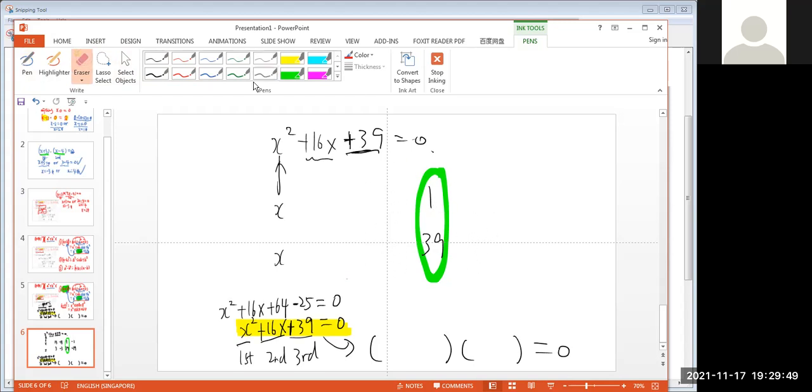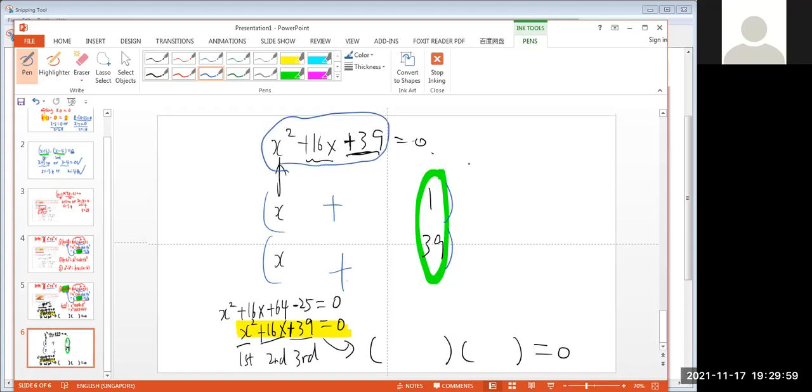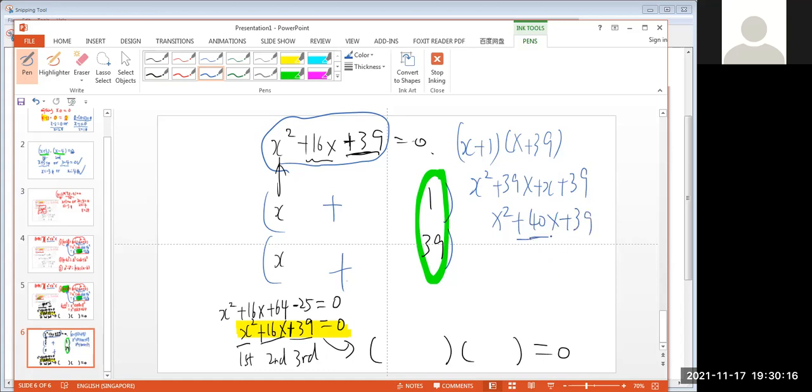If you choose 1 and 39, what you're going to get is this. Does this give you this? Let's see. x plus 1, x plus 39. If you open this up, you're going to get x squared plus 39x plus x plus 39, and you're going to end up with x squared plus 40x plus 39. So you don't get 16x.